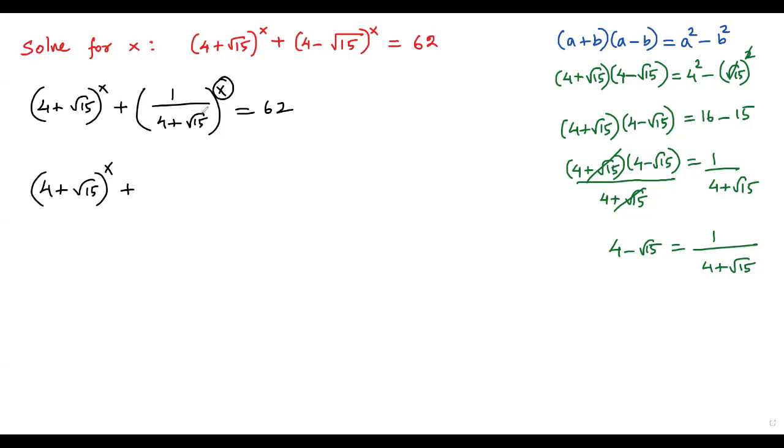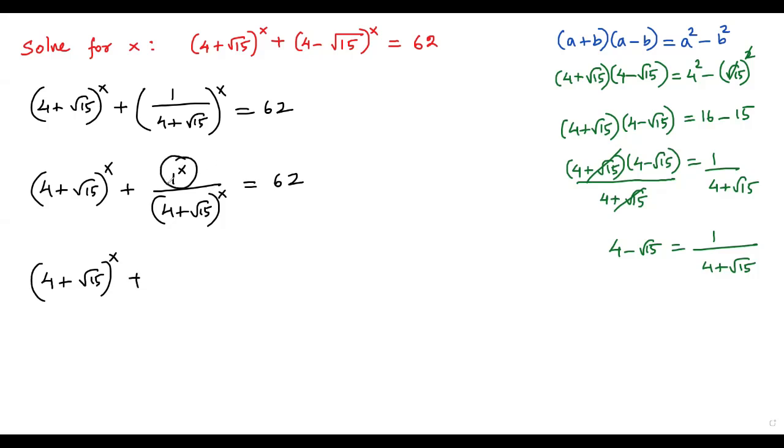Here we have the exponent x for the fraction. Whenever we have a common exponent for a fraction, I mean a common exponent for the numerator and denominator, the exponent can be taken separately for the numerator and separately for the denominator. Then I'm getting 1 to the x power divided by 4 positive square root of 15, the whole to the x power, equals 62.